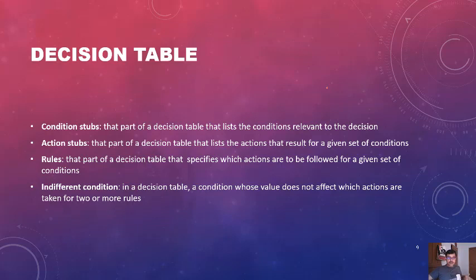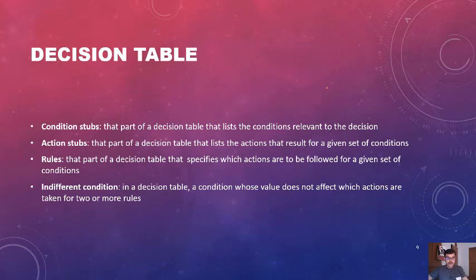Then after writing all the conditions, we will find out all the actions of our problem. Then we will make out the rules, that part of a decision table that specifies which actions are to be followed for a given set of conditions. So these are the rules: based on which conditions, which actions are to be taken. We have to find this out.